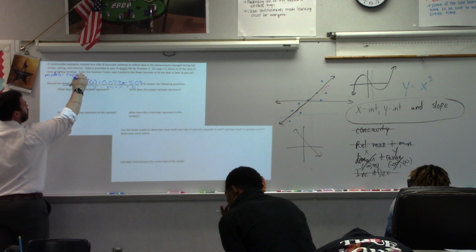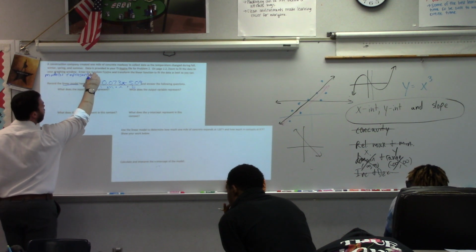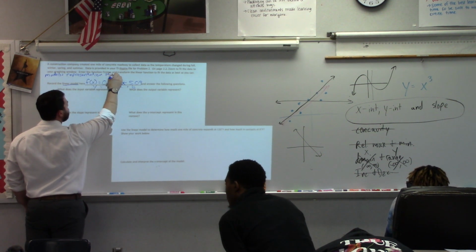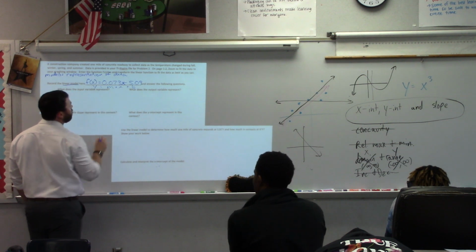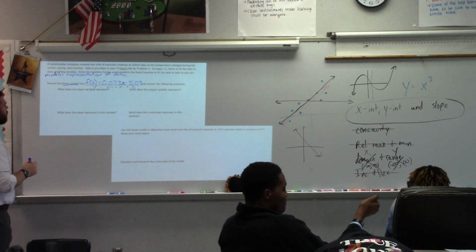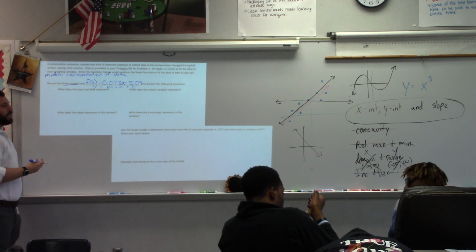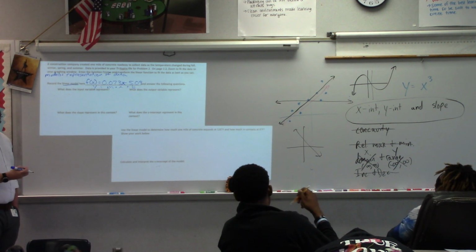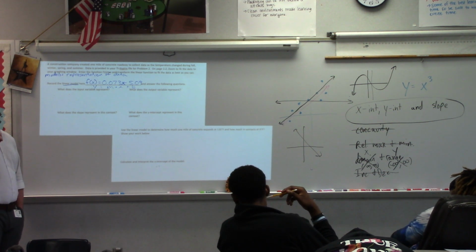Please note, when we're talking about models here, we're talking about a representation of data. Now there's other types of models in mathematics, but this linear model is, we say linear, so it's the shape of a line.